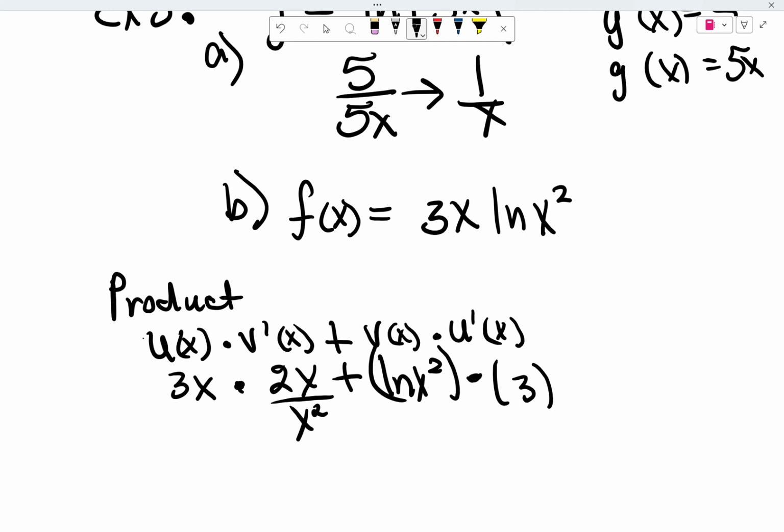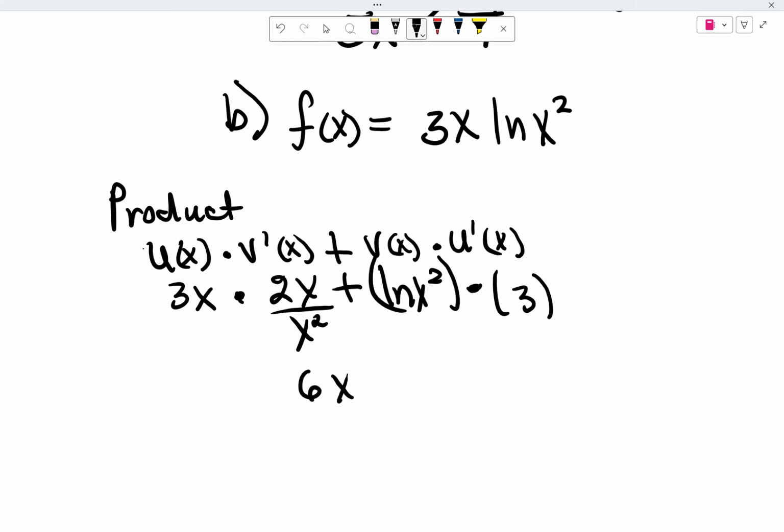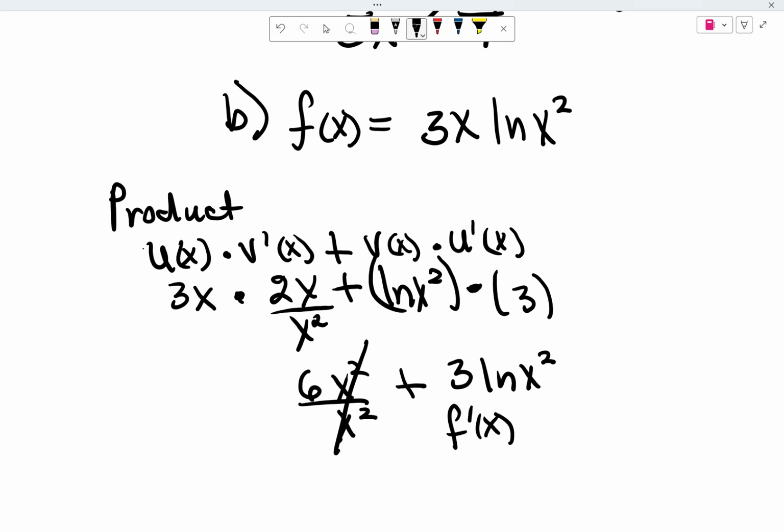And so I could collapse this further. If I multiply this out, this is going to give me 6x squared over x squared, plus 3 natural log of x squared. And if I simplify the x squares, my final answer, or my first derivative, in this case, is simply going to be 6 plus 3 natural log of x squared.